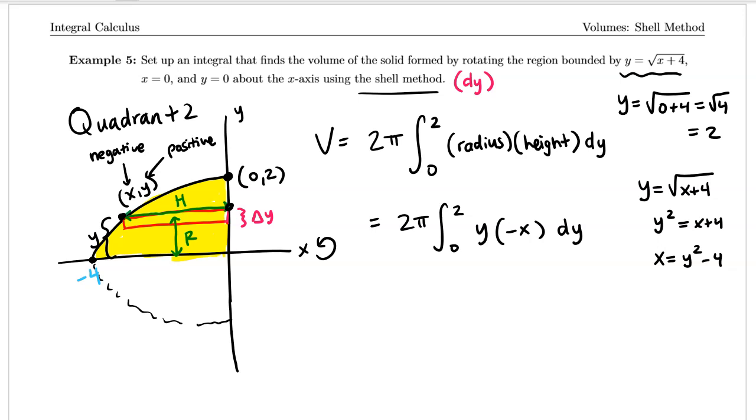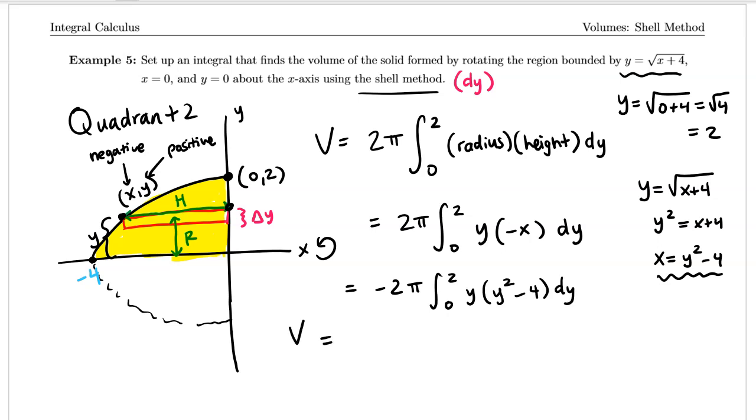Now, what I could do here is factor out that negative, and if I did that, we'd get negative 2 pi times the definite integral from 0 to 2 of y times, and we factored out the negative sign, so I could just sub in y squared minus 4 here.